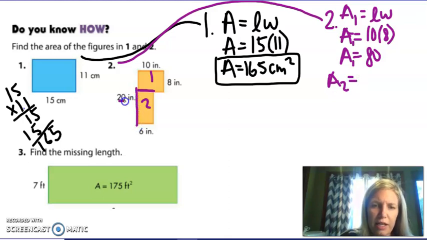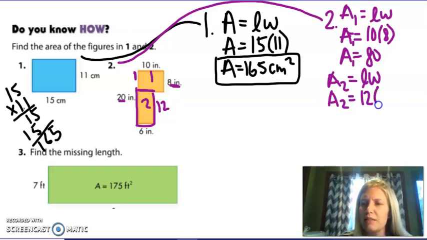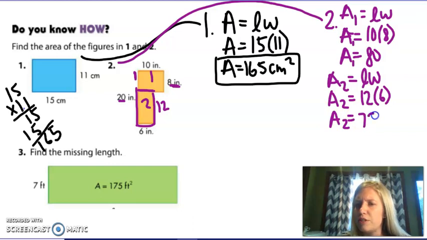Well, I have 20 here, and I know that this piece is 8 from over here. So 20 take away 8 must mean that this side that I don't know is 12. So this is a length times width, a rectangle. So I do area of shape 2 is 12 times 6. Area of shape 2 is 72.